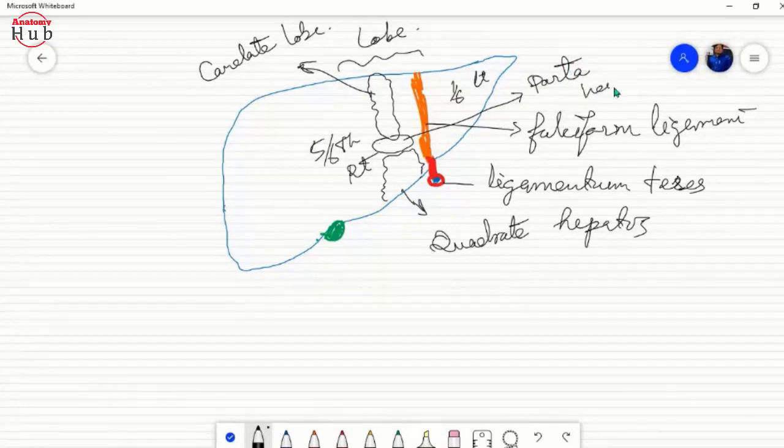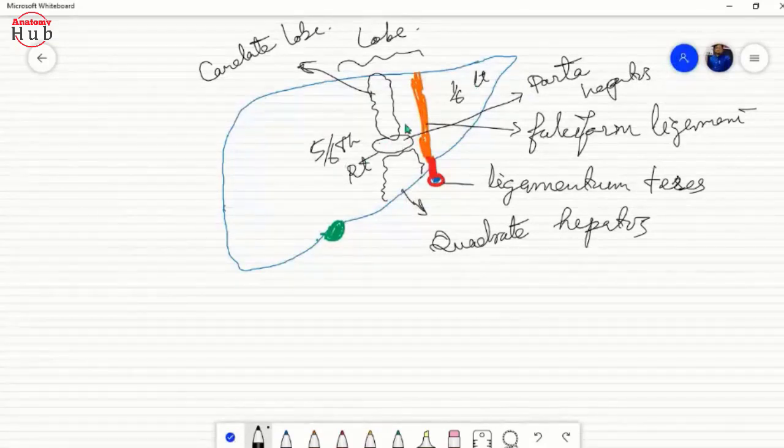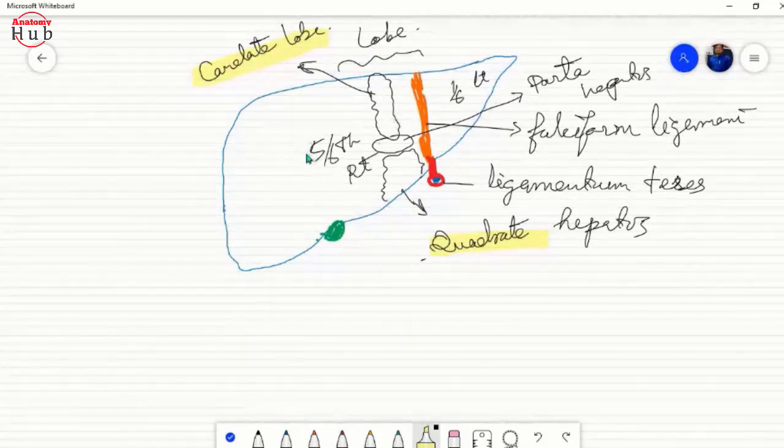In this way you can divide the liver into four lobes, but anatomically we have only two lobes, the right lobe and the left lobe, and the quadrate lobe and the caudate lobe are actually part of your right lobe.